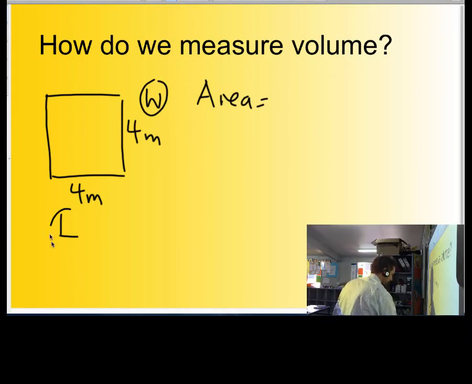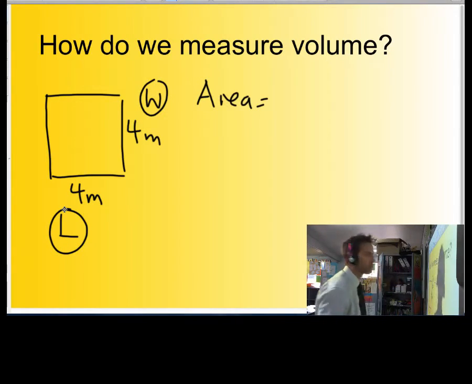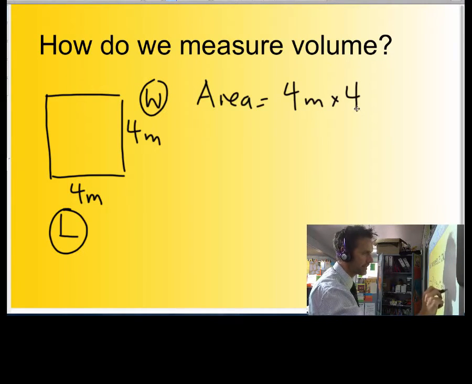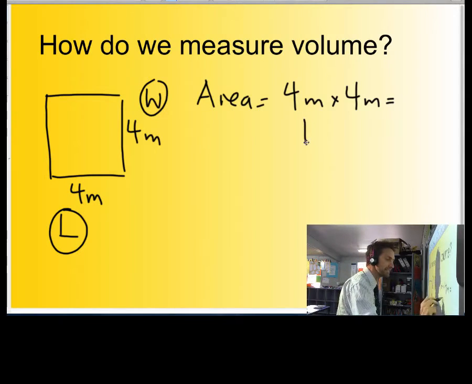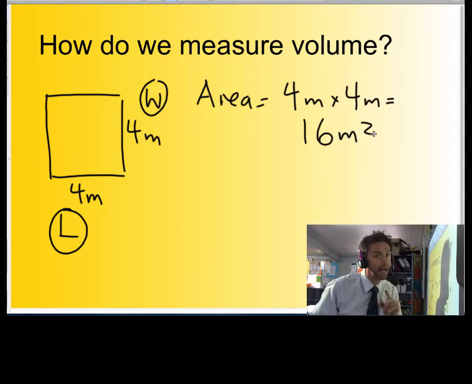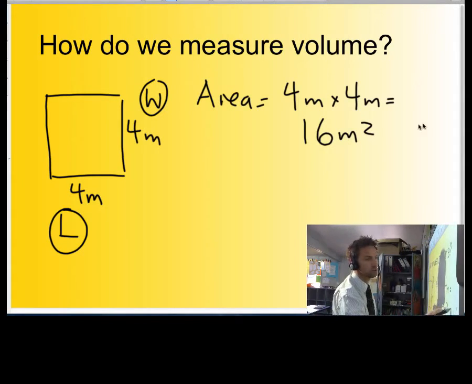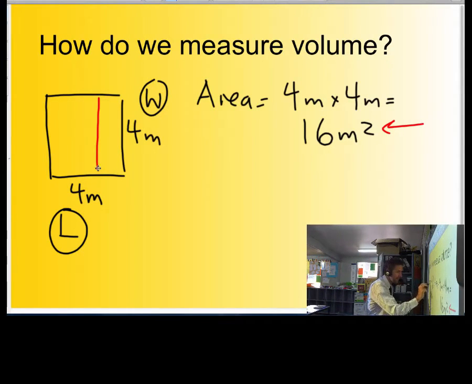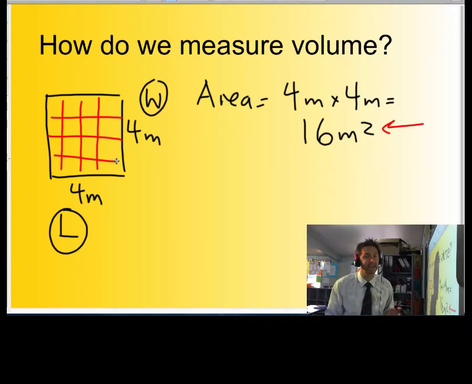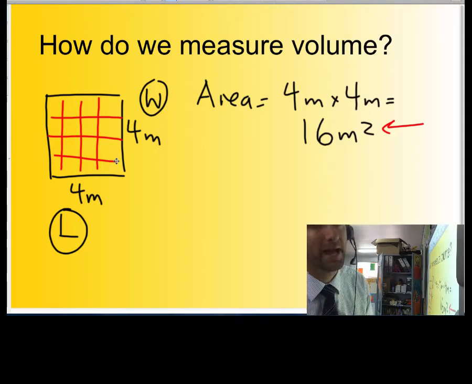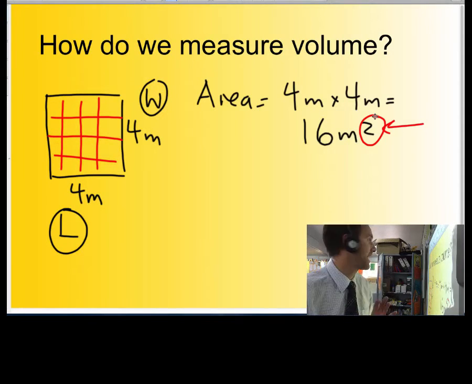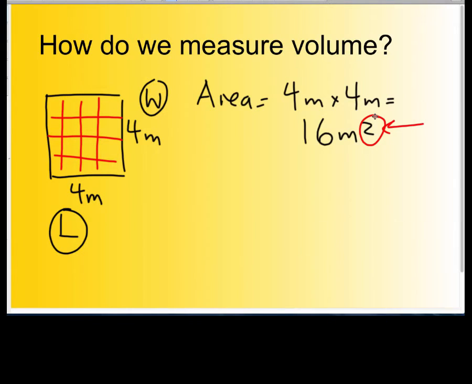We'd go length times width, which was 4 meters times 4 meters, which equaled 16 meters squared. And that little 2 is really important, because it literally shows us that there are 16 little squares in that space. Remember, with area we talk about meters squared or centimeters squared. It's really important we have that little 2. Okay?